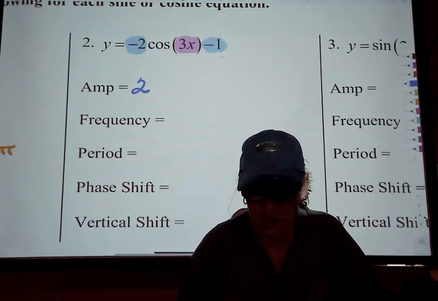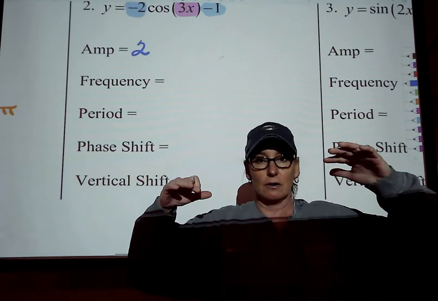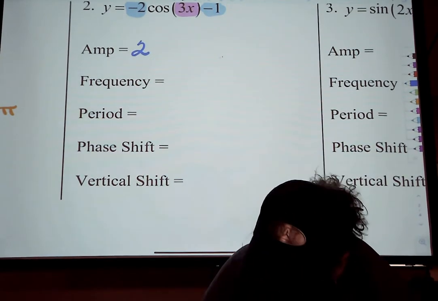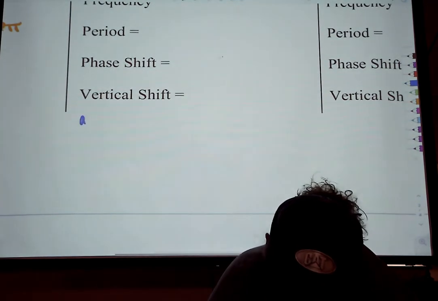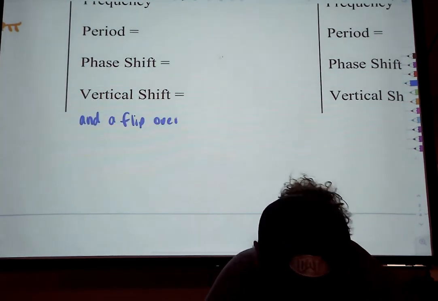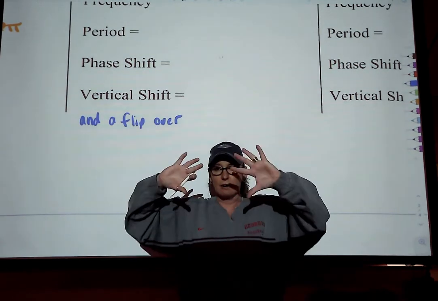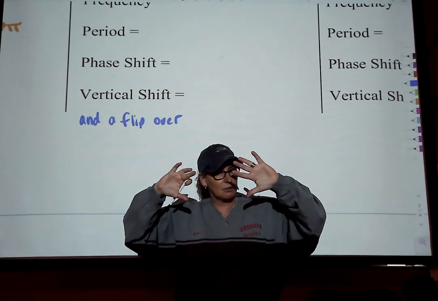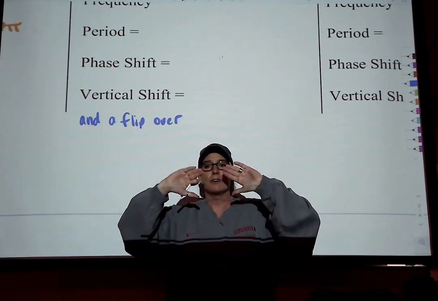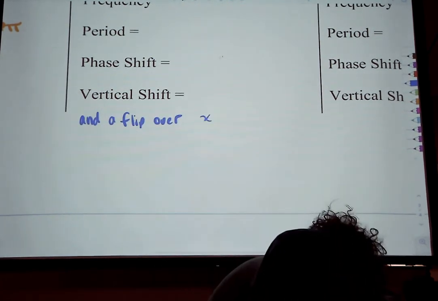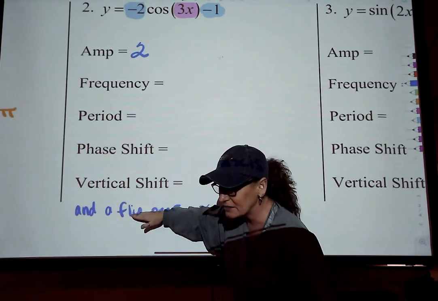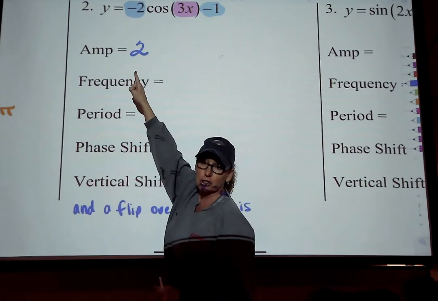Well, the negative just tells you that there's a vertical flip. How do I know it's vertical? Because it's on the outside. I colored it blue. A vertical flip flips over the x-axis. Okay, so this takes care of the negative. That takes care of the 2, or the amplitude.